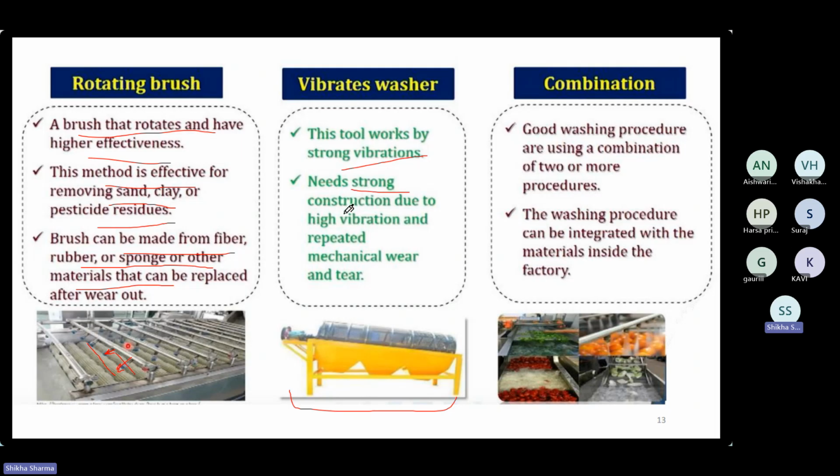It needs strong construction due to high vibration and repeated mechanical wear and tear. And fourth is that good washing processes are basically a combination. So if we want to clean properly, we should apply these processes in combination so that the product can be cleaned properly.